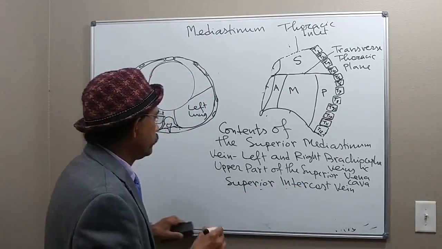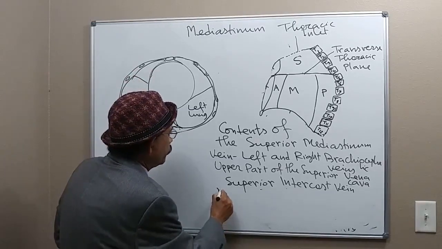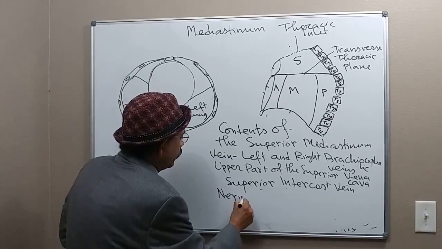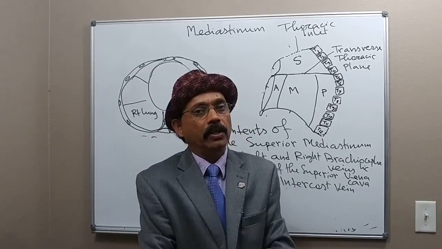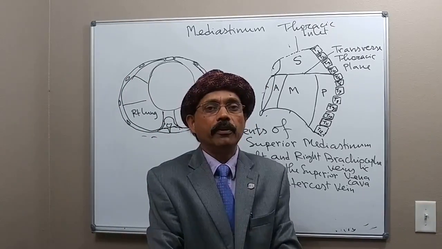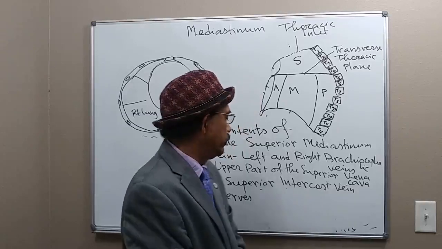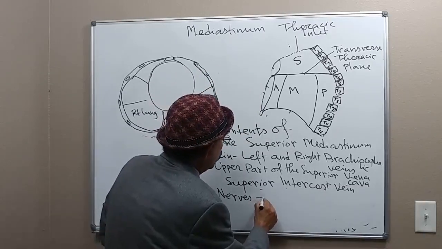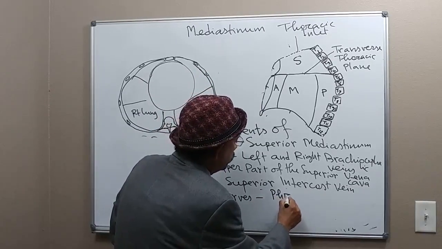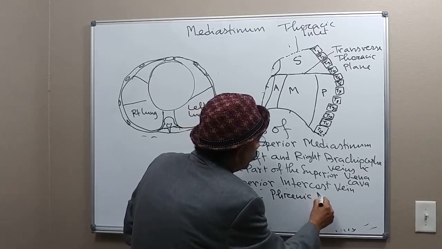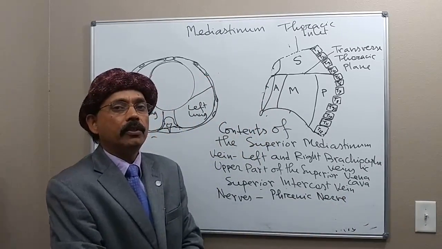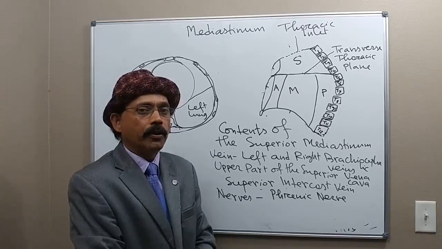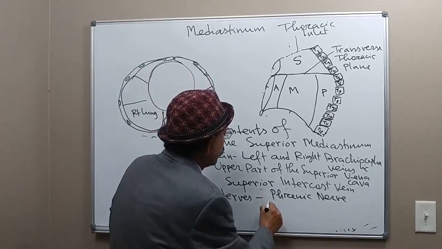What nerves? We have nerves in the superior mediastinum. We have the phrenic nerve, vagus nerve, and left recurrent laryngeal nerve. We have the phrenic nerve. We know the root value of phrenic nerve is C3, C4, C5. We have the vagus nerve.